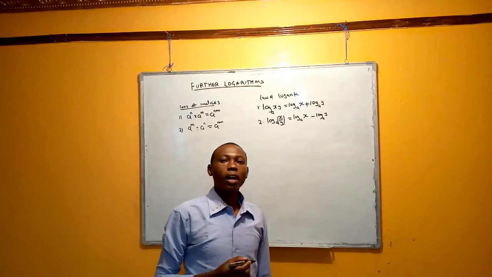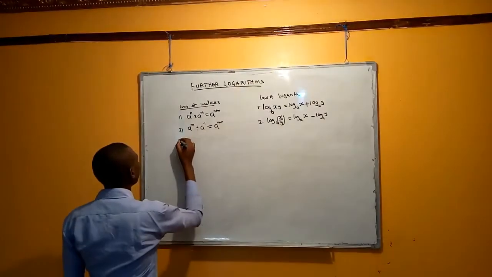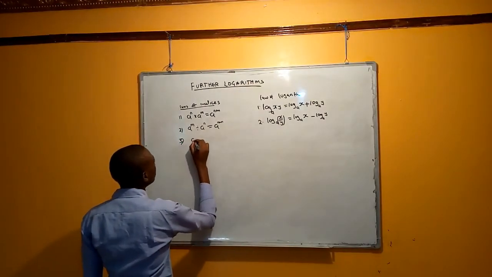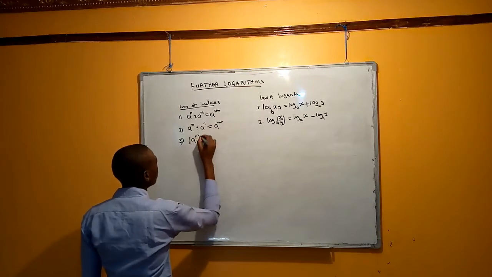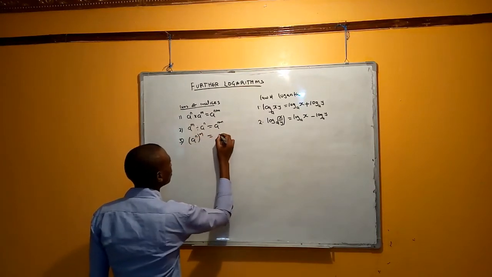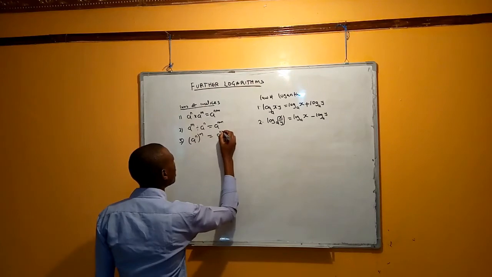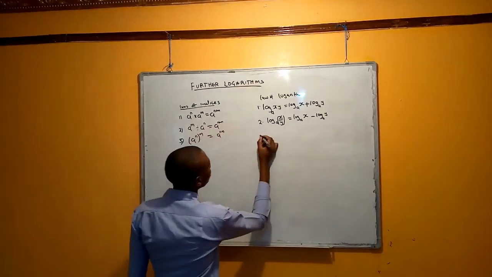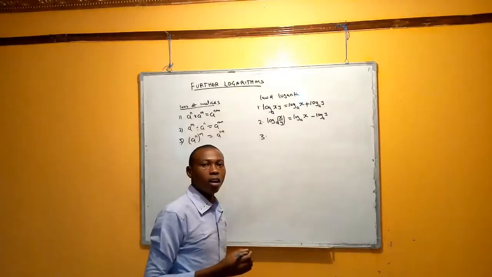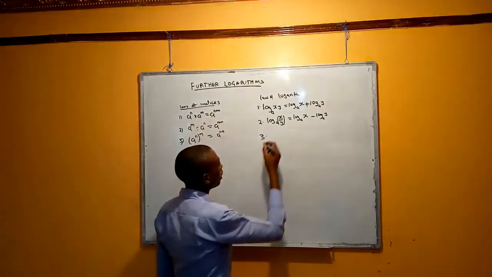and that is our second law of logarithm. Then we look at the third law of indices, where we have a raised to power n, then raised to power m, which gave us a raised to power nm. So from this we form our third logarithmic law.